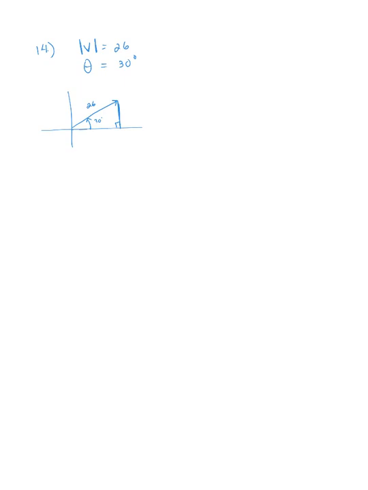Well, if this is x and this is y, we would have the sine of 30 degrees is equal to the opposite over the hypotenuse, and that's y. So y, the vertical component, if we multiply both sides by 26, would be 26 times sine of 30 degrees.